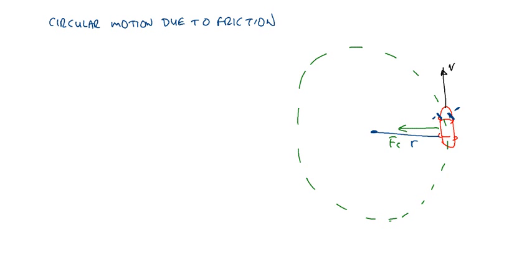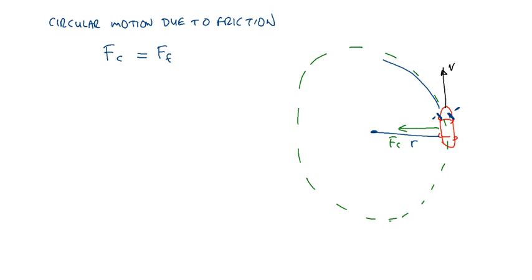So that's going to roll the car around the circle, and that friction is what's pushing toward the center. Right here we could say circular motion due to friction. There's the centripetal force that I have to have. I'm getting that from the frictional force.